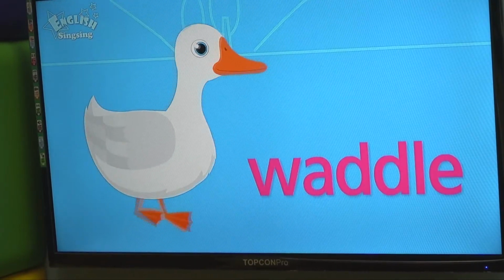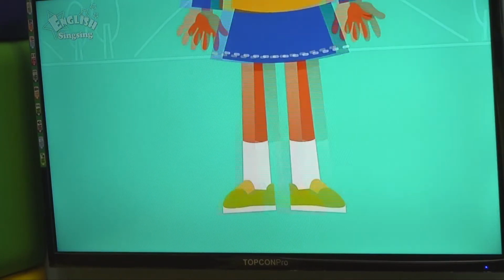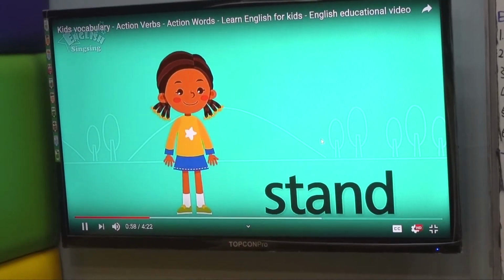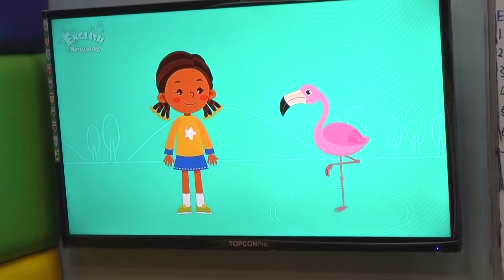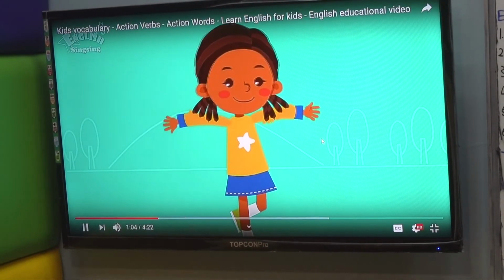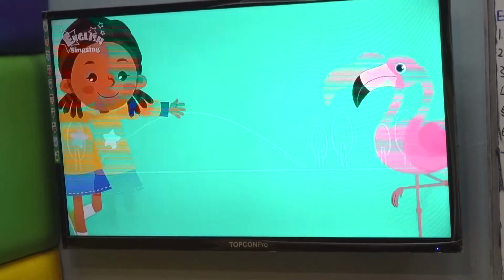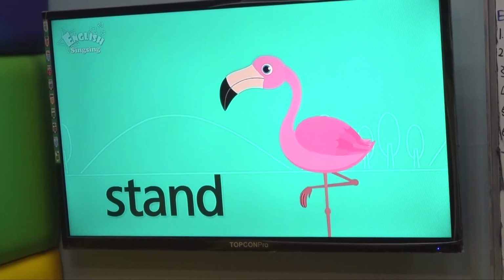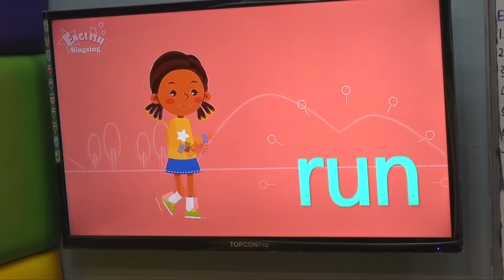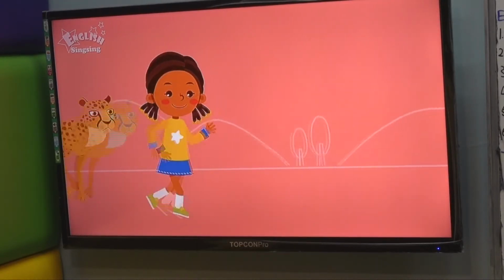Waddle. Waddle. Stand. You can stand. You can stand. You can stand like a flamingo. Stand. Stand. Stand. Stand. Run. You can run.